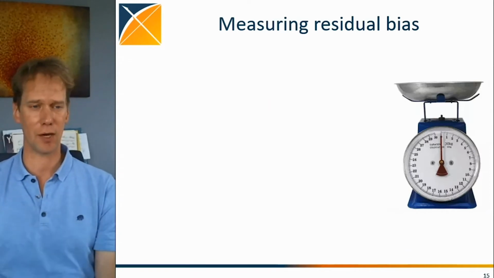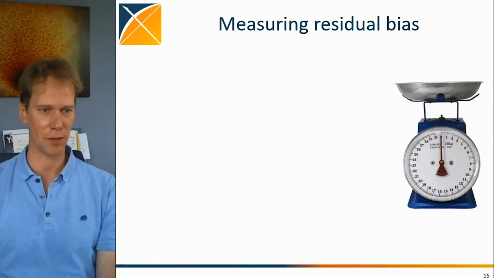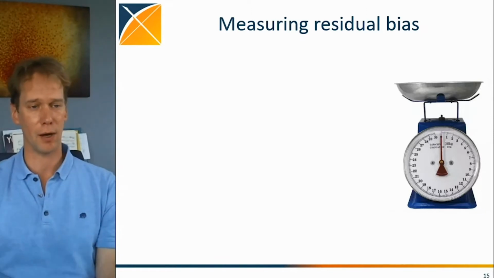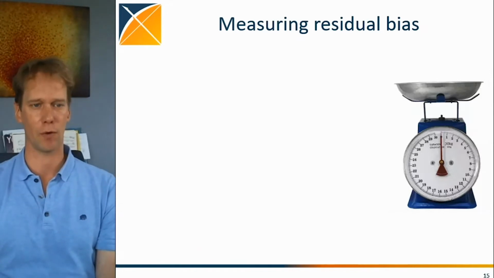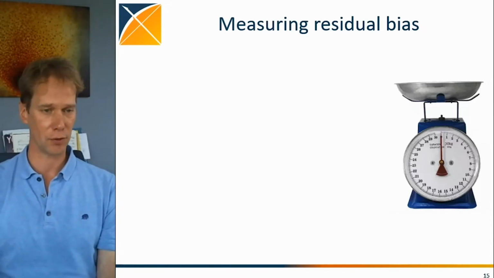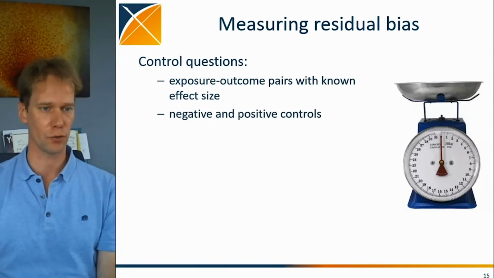And just like a scale, if you want to know whether your scale is accurate, you put weights on the scale where you know the mass of those weights, and you see whether the scale reports the correct weight. And similarly for observational studies, we include control questions.